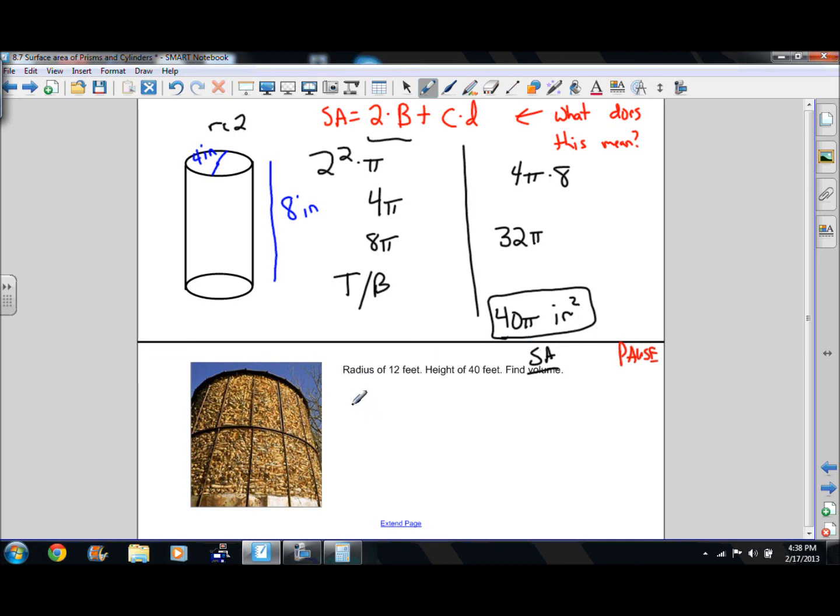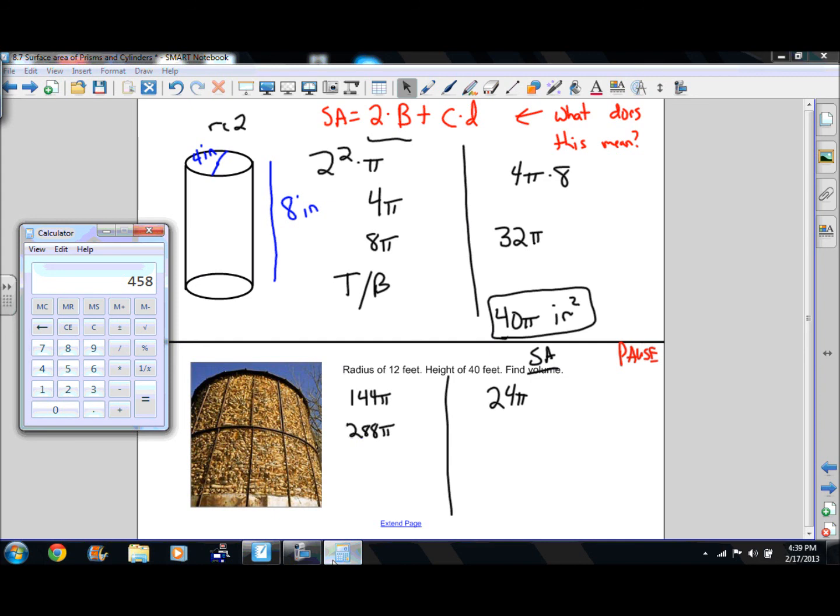Okay, so for the top and bottom, it's going to be 144 pi for each. So it ends up being 288 pi. The circumference of that top part is going to be 24 pi times the height of 40.